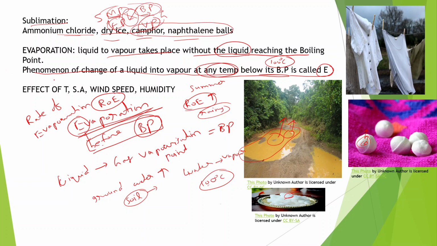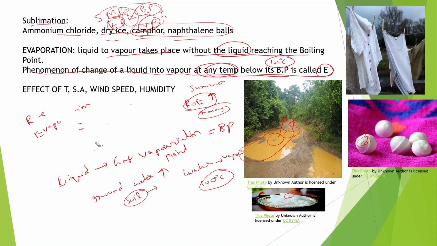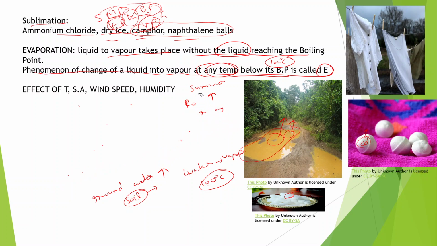So let's see what are the factors affecting this evaporation. The rate of evaporation is influenced by temperature, surface area, wind speed, and humidity. How will the rate of evaporation change?